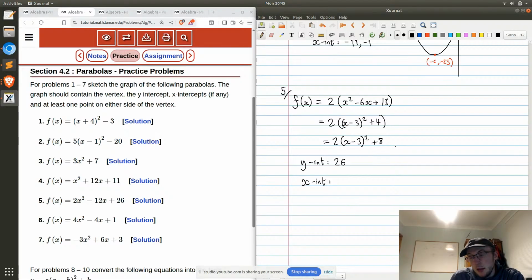Square root that and you get in trouble because those have no real roots, so it's actually floating above the x-axis, so none. And the vertex. Well, that would be 3,8.